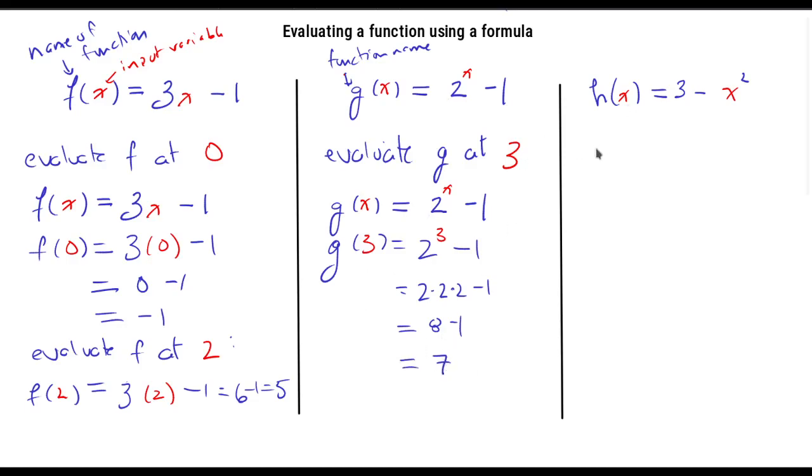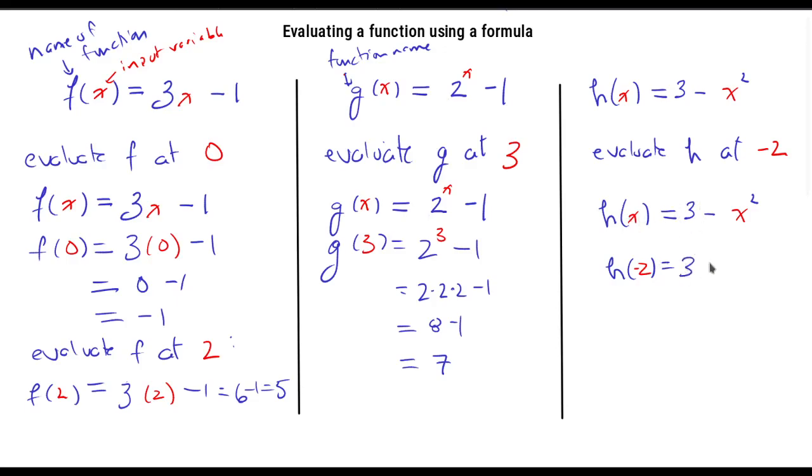And for the last example, let's evaluate h at negative 2. Okay, so again, we're going to look at this new formula for h of x. The only thing that changes is x is negative 2, because our input now is negative 2 instead of this general x.